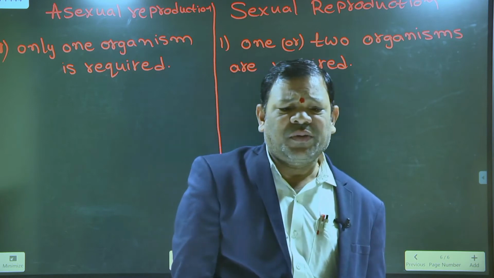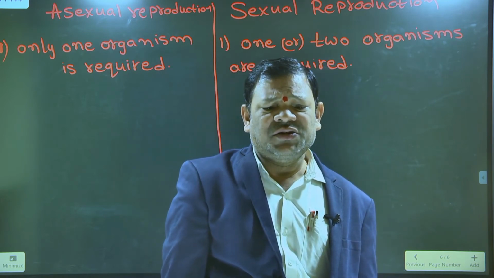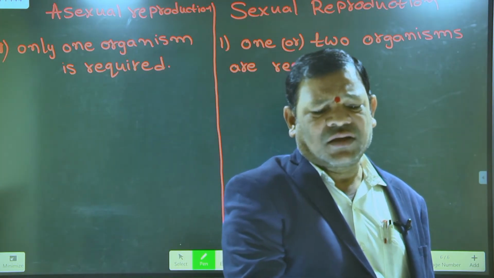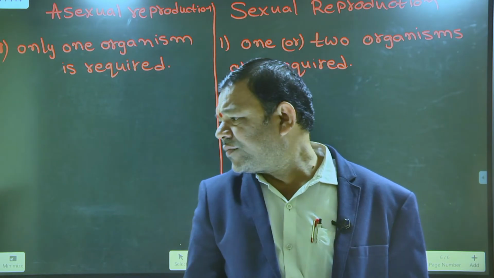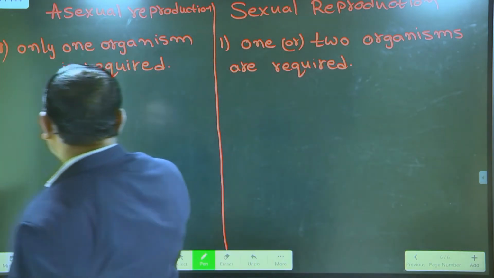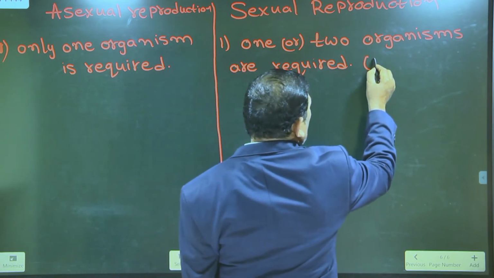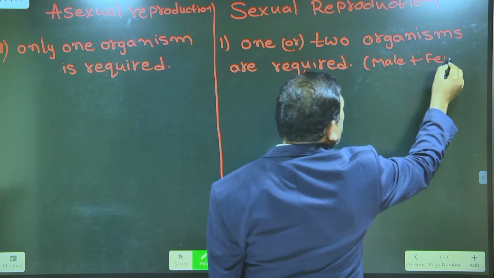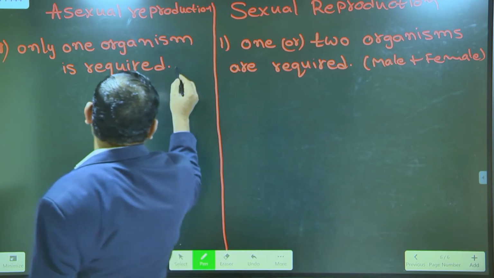In asexual reproduction, only one organism is required. In sexual reproduction, one or two organisms are required. That means here a male organism and a female organism are required. Two organisms, not only one. Here only one is required.